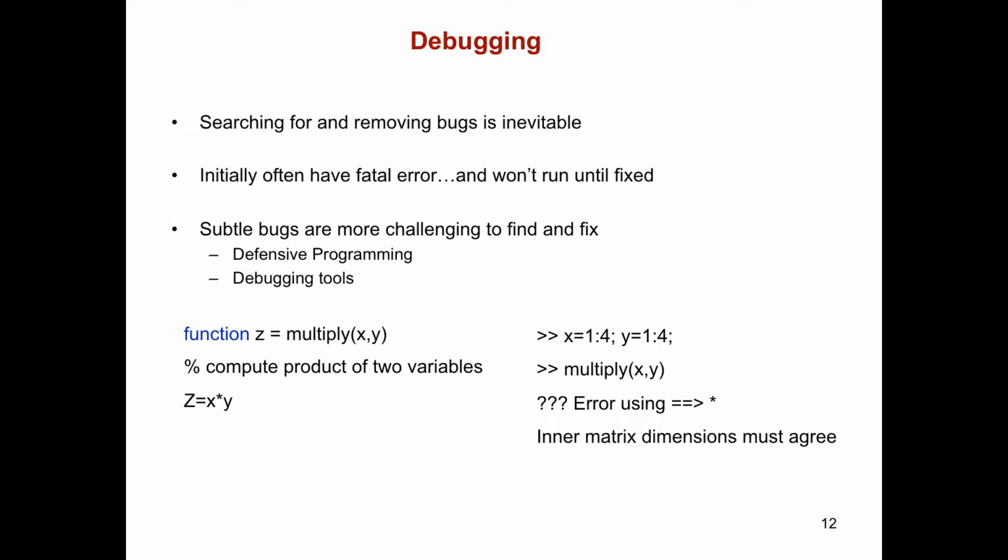So for instance, if you have these two as just arrays or vectors of the same size, this function as written will not execute. So you have to implement that. For instance, you check the sizes of x and y, and you might want to throw in a dot here, x dot times y, for the function to execute for these vectors.